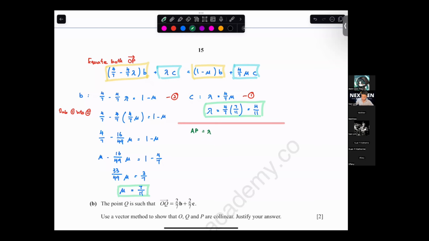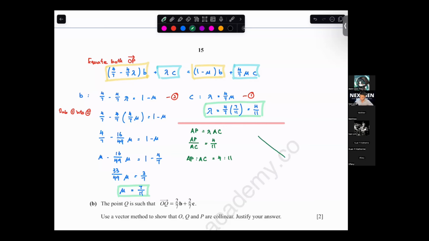AP is equal to lambda AC. This is what they give you. We write it in ratio form. AP to AC is equal to lambda, which is 4 over 11. So when you write it in over something like this, you can write it as a ratio. AP to AC is 4 to 11. Okay, you look back into the diagram.